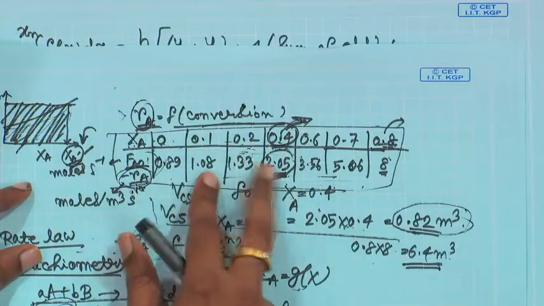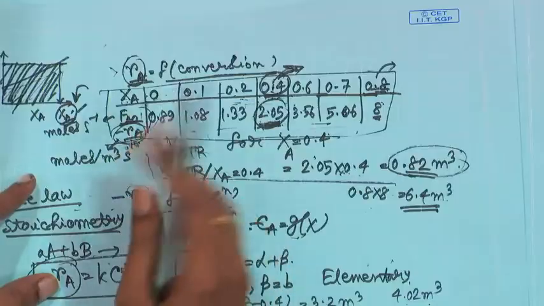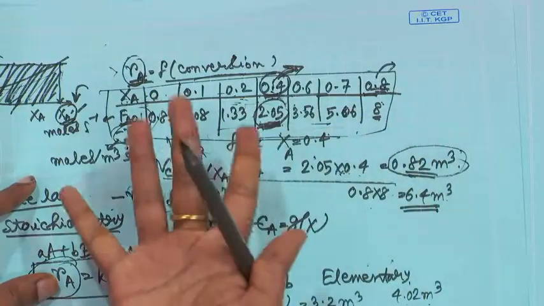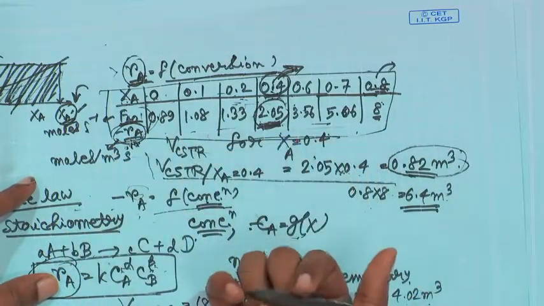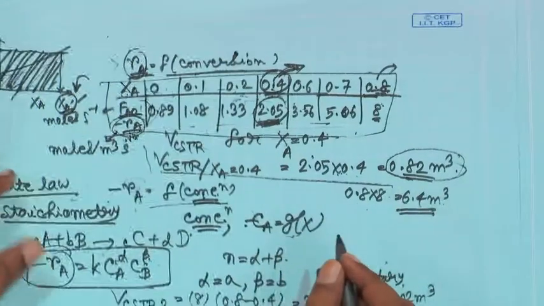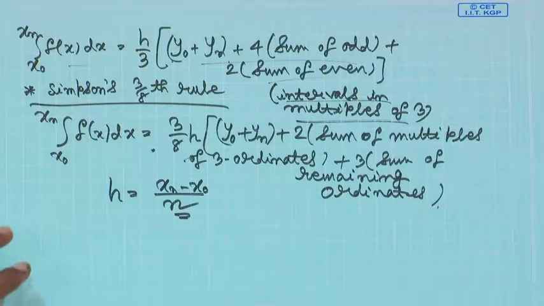Then you can use only Simpson's 1/3 rule. Like this you have to look at some of these situations. Sometimes you may have to use both of them together: for a certain region you use one of them, and for the other part you use the other one, in combination.